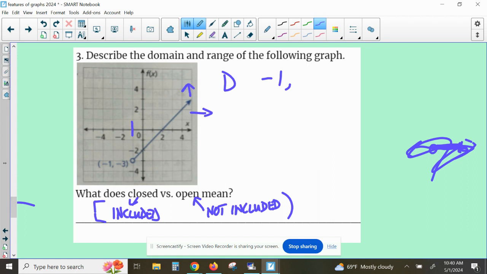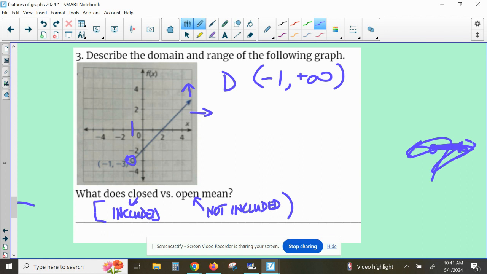So to positive infinity, do I need squares or rounds? It's a hole. A hole means not included, so what do I need? We need the round, and we need the round, because open means not included. Hole is open, right?